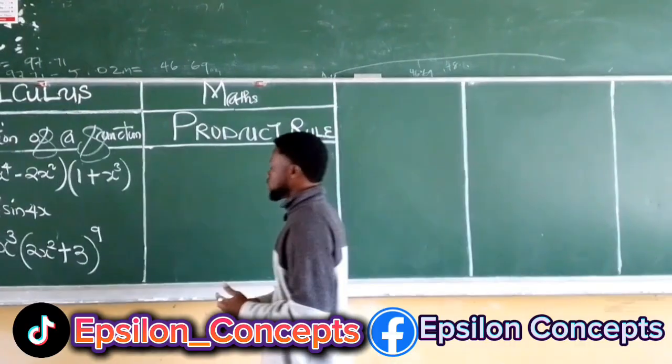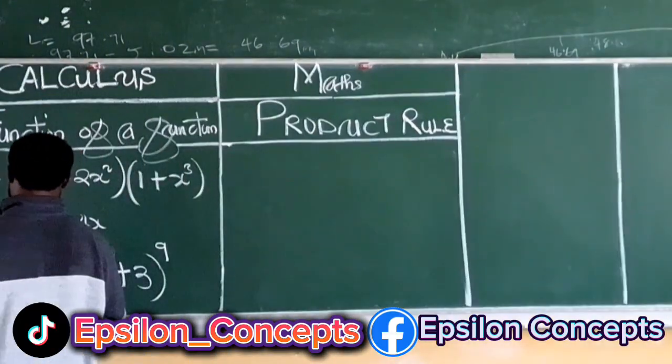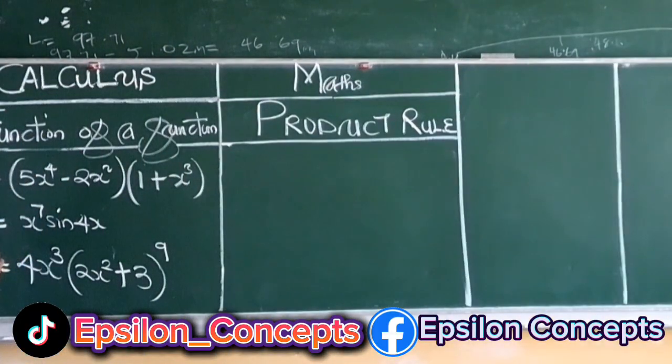So if you are looking at this equation given to us, we observe that it is always a particular term times another term, a function times another function. That is all about product rule.